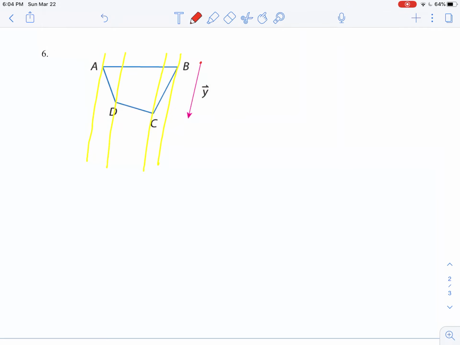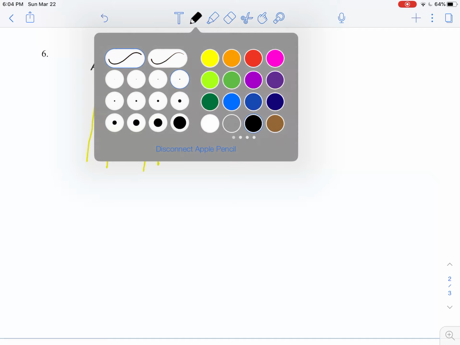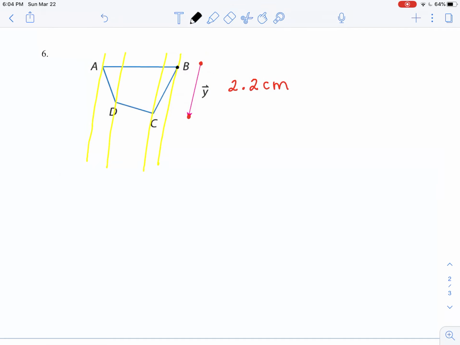Okay, then you're going to measure vector Y all the way from the initial point to the terminal point. When I measured this on my actual paper, I came up with about 2.2 centimeters. Then you're going to move each of your vertices individually. So from each vertex, measure down and to the left, so along your parallel line, 2.2 centimeters.